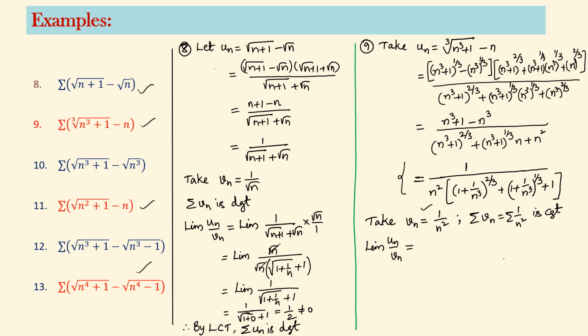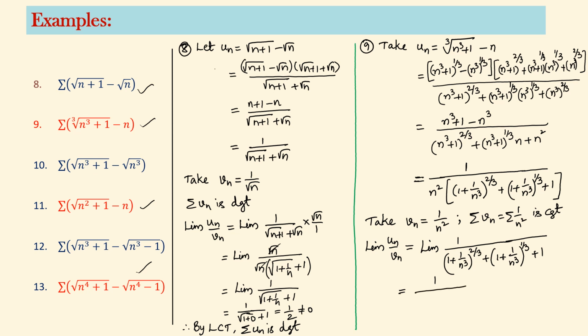If I divide un by Vn, 1 by n square gets cancelled and only this factor is left. So the limit of 1 by [(1 plus 1 by n cube) power 2 by 3 plus (1 plus 1 by n cube) power 1 by 3 plus 1]. Applying the limit, 1 by n will become 0.